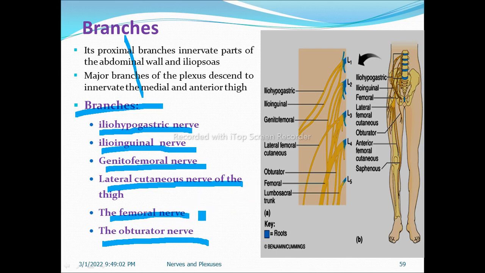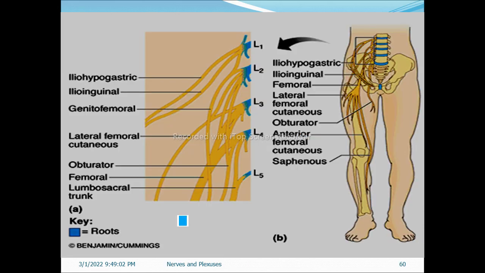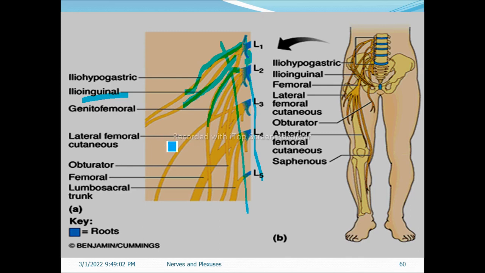Femoral nerve is the posterior division, whereas obturator nerve is the anterior division. So we will see it. This is lumbar 1. These are roots and divisions. Lumbar plexus and sacral plexus both have divisions and roots. From this division, lumbar 1 gives a branch for the iliohypogastric nerve and another branch to the ilioinguinal nerve, and genitofemoral arises from lumbar 1 and lumbar 2, and lateral cutaneous nerve arises from lumbar 2 and lumbar 3.